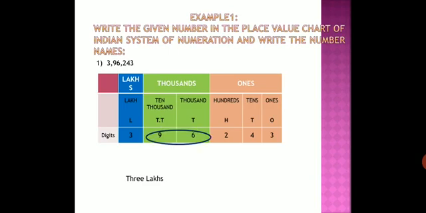So together we will write it as 96,000. And then you have 2 under 100, 4 under tens and 3 under ones. Together comes under ones. So we will read it as 243. I hope you all understood. Even then, let us move on to another example.